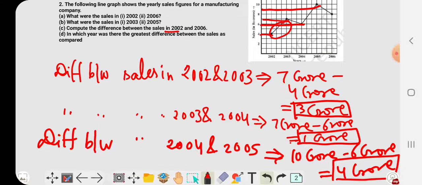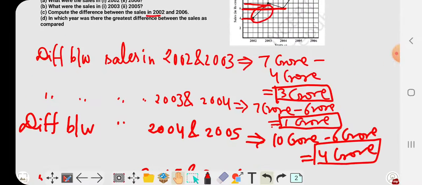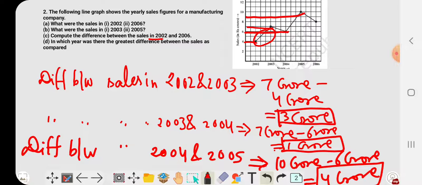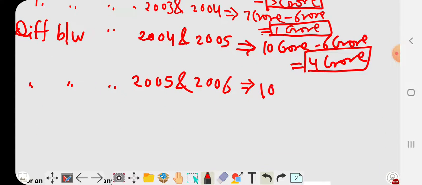Now the last, from 2005 to 2006. Difference between 2005 and 2006. What is there in 2005 and 6? In 2005 it is 10 crore and in 2006 it is 8 crore. So 10 crore minus 8 crore. The difference gives us 2 crore.